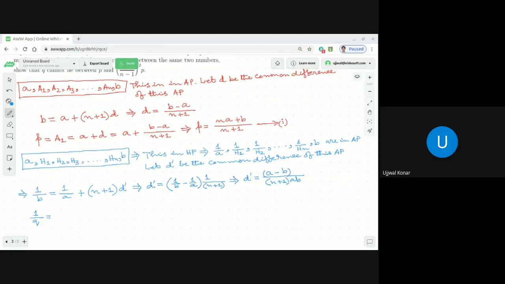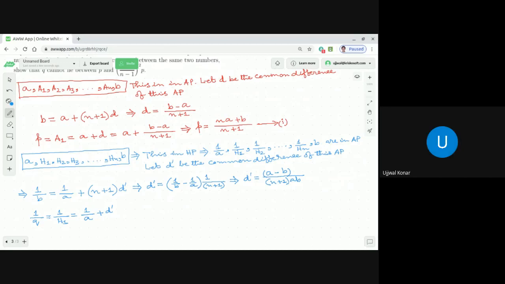So 1 by q is equal to 1 by H1, because q is equal to H1. That is equal to 1 by a plus d dash. Yes, because 1 by H1 is the second term of the arithmetic progression 1 by a, 1 by H1, 1 by H2, up to 1 by Hn, 1 by b.